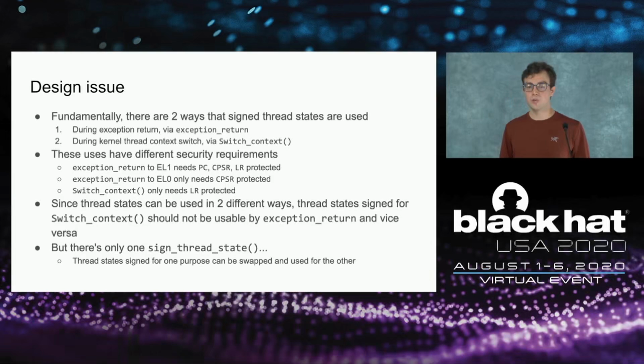Unfortunately, as it turns out, there's only one function, sign thread state, which means that unless additional care is taken in the implementation, thread states signed for one purpose can always be swapped out and used for the other purpose instead.